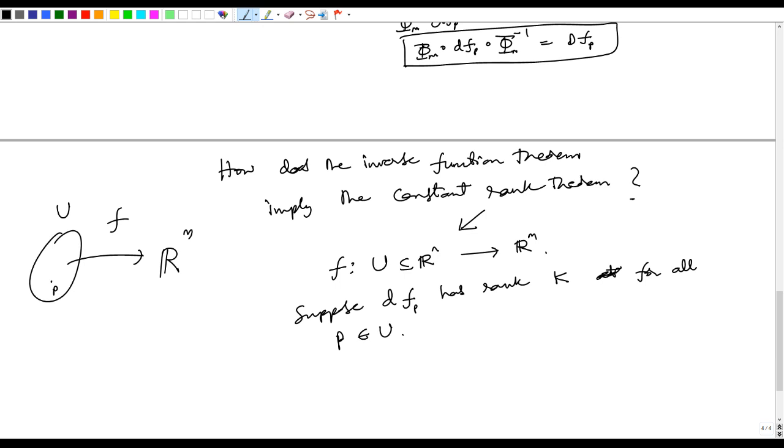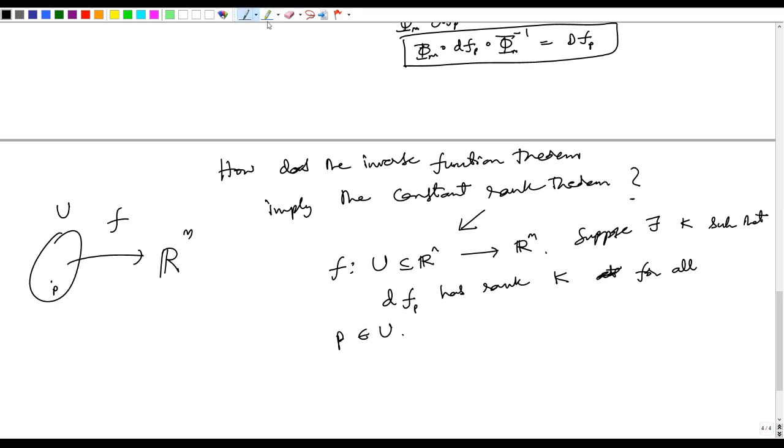Right. So suppose dfp has rank k for all p. I should say that there exists k, a positive integer, such that, the k should come before I make a reference to the point.